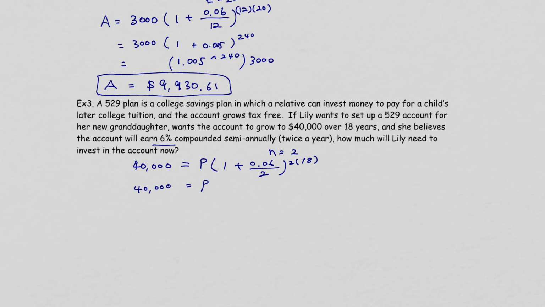So whatever number you end up getting there, you're going to divide both sides by it so you can isolate P. So when you do 0.06 divided by 2, that's going to be 0.03. When you're adding 1, it'll be 1.03. 2 times 18, 36 exponents. So basically, you're going to divide both sides of the equation by 1.03 to the 36 exponents, so you can isolate P by itself.